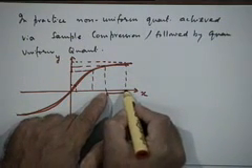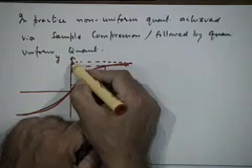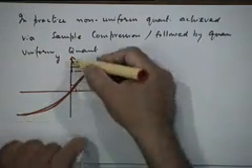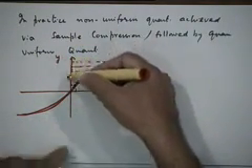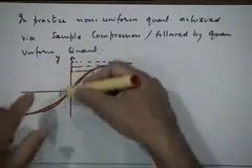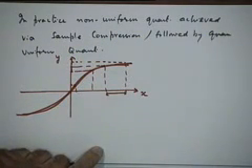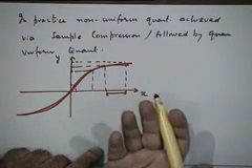I compress this entire interval into a much smaller interval, and in this domain I do uniform quantization. Now I give equal importance to all the values of y that I get. It's effectively doing the same thing in a different way.